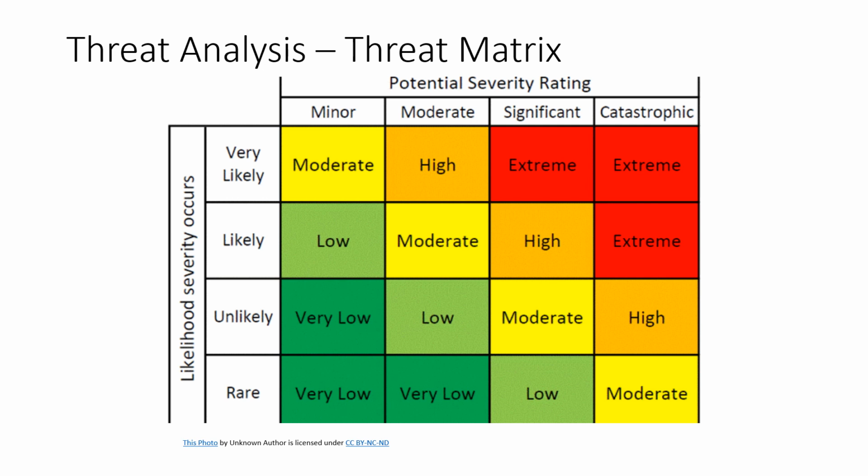Threat matrices are used by organizations to determine where to concentrate their limited resources. They take a look at the various vulnerabilities and threats that exist for their organization and their computer assets, and they determine how likely the vulnerability will be exploited by a threat actor and what the impact will be to the organization if it does occur.